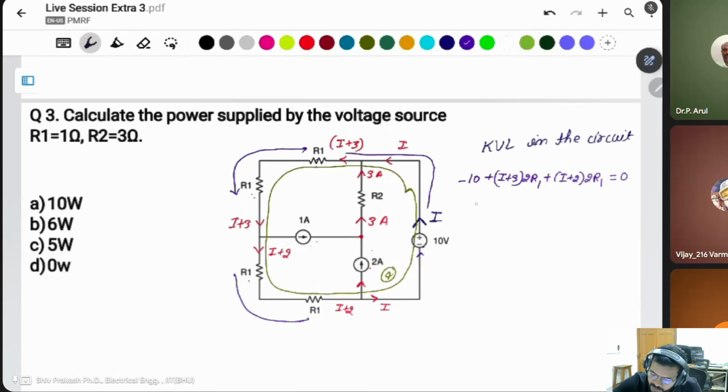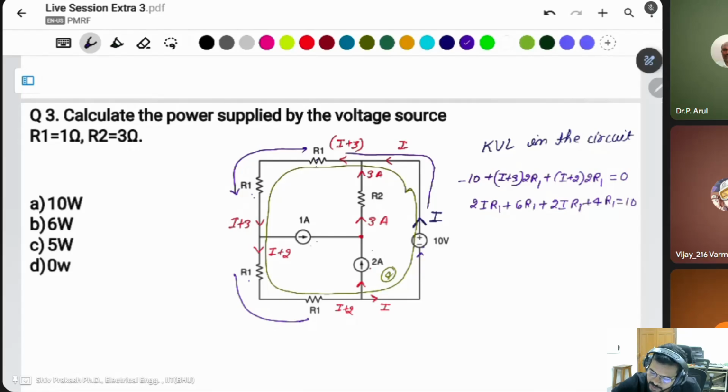Multiply this out: this will be 2 I R1 plus 6 R1 plus 2 I R1, plus 4 R1, is equal to 10. All of these are R1, with a resistance of 1 ohm.